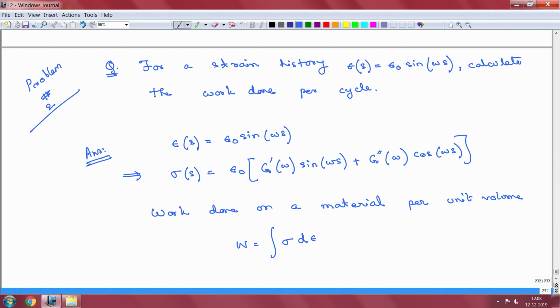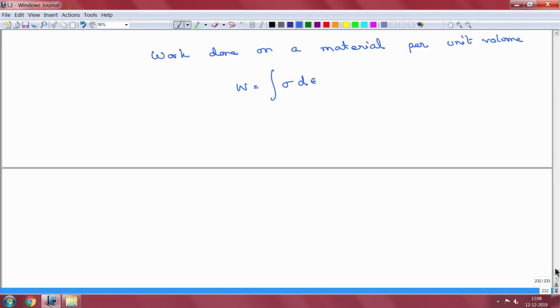So if you want to find out the work done over a specified time interval, then my W will become this integral over that time interval. So the work has to be integrated where the limits are this time interval.